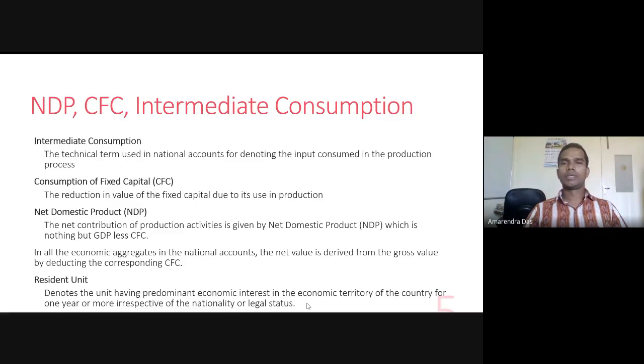Their head office is in Luxembourg. So whatever Arcelor produces in another country will not be accounted for in India's GDP. Rather, it will be counted in the country where the company is located. So that is basically the resident unit.